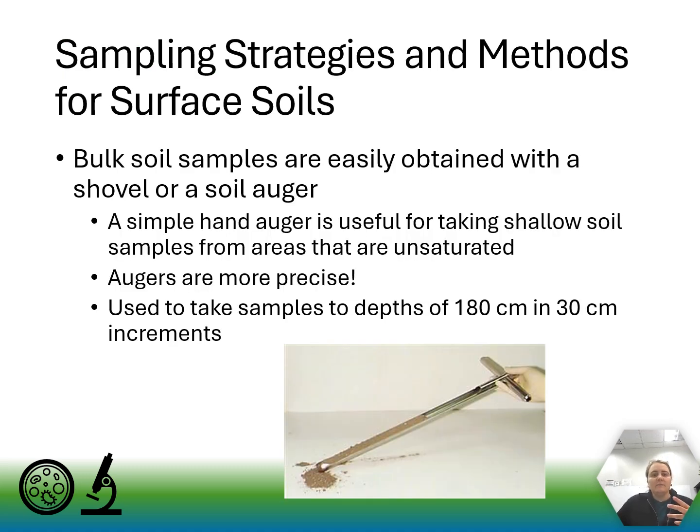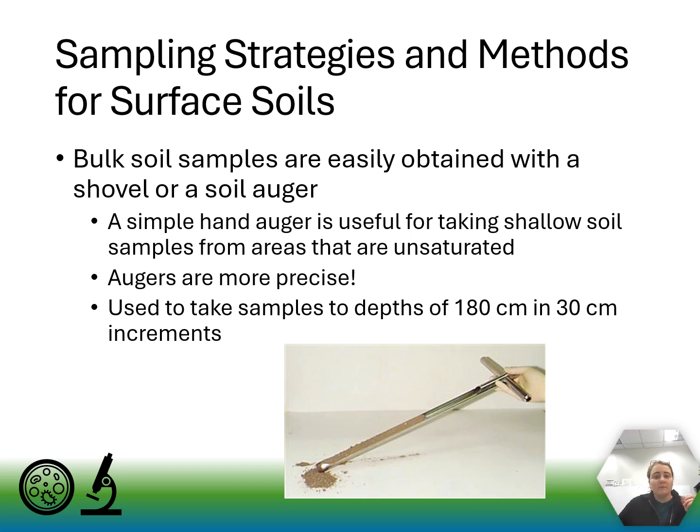A lot of times it's very easy to obtain soil samples using just a shovel, or what we call a soil auger. That is the picture on the bottom of the slide. A simple hand auger takes soil samples from very shallow areas that are in the unsaturated layers.